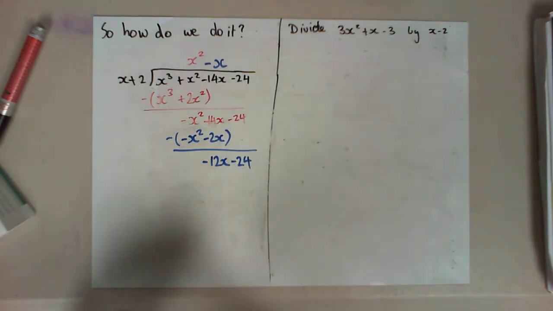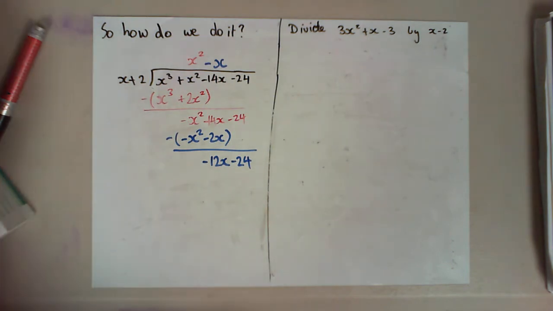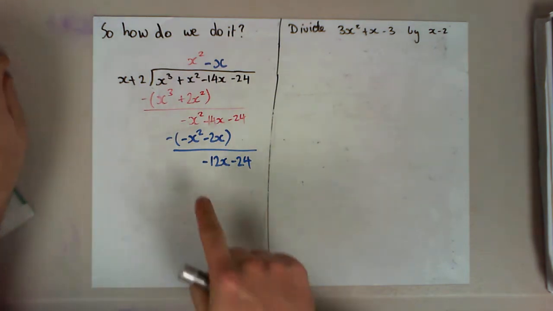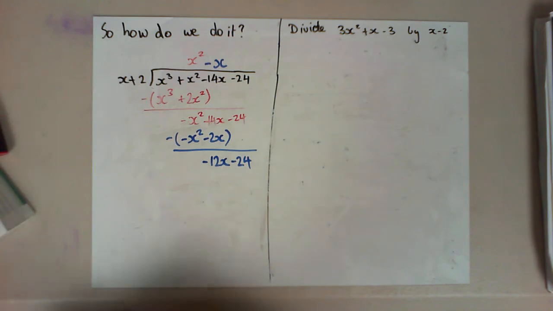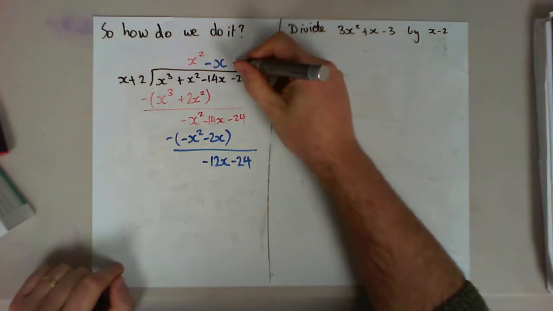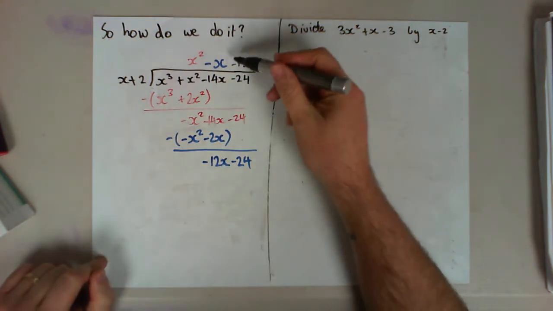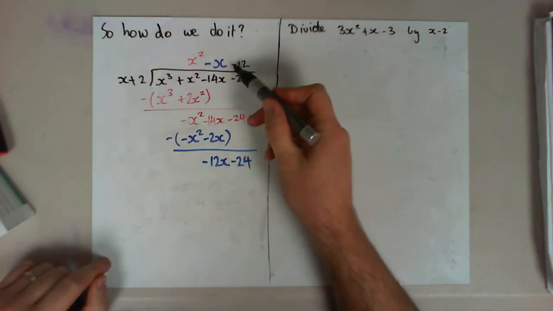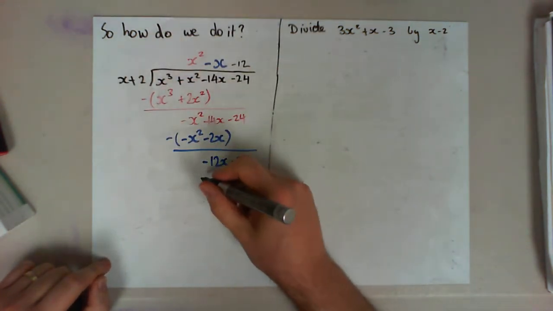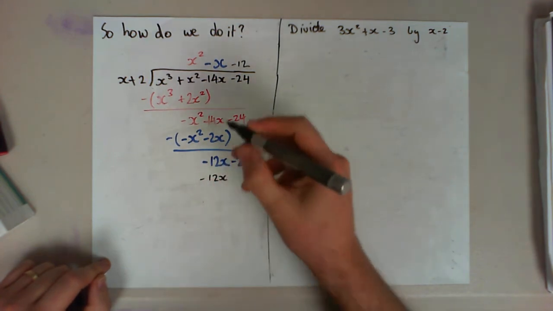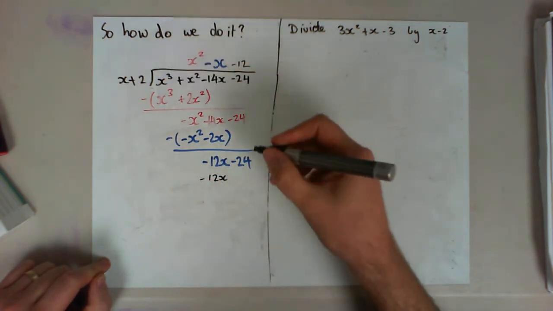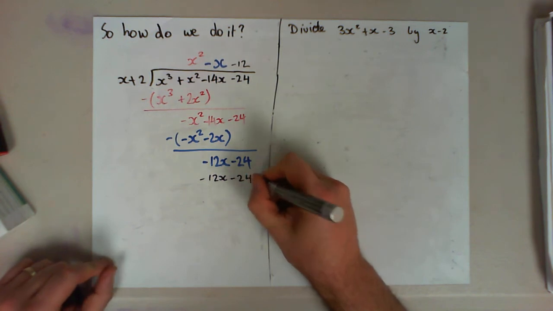We've got a new question to do. Negative 12x divided by x will leave us with negative 12. Then we multiply back through. Negative 12 times x gives us negative 12x. Negative 12 times 2 gives us negative 24.